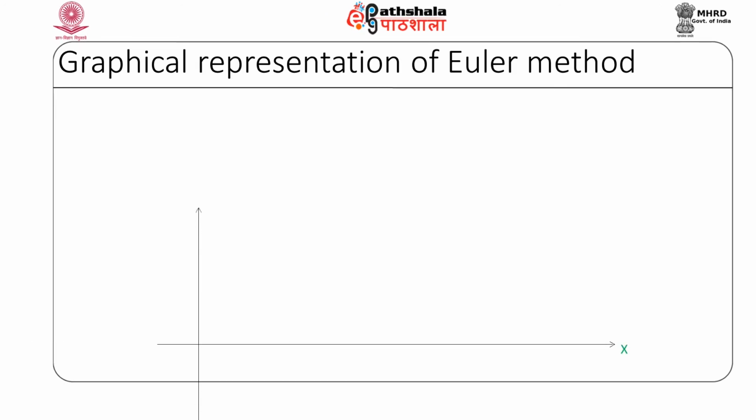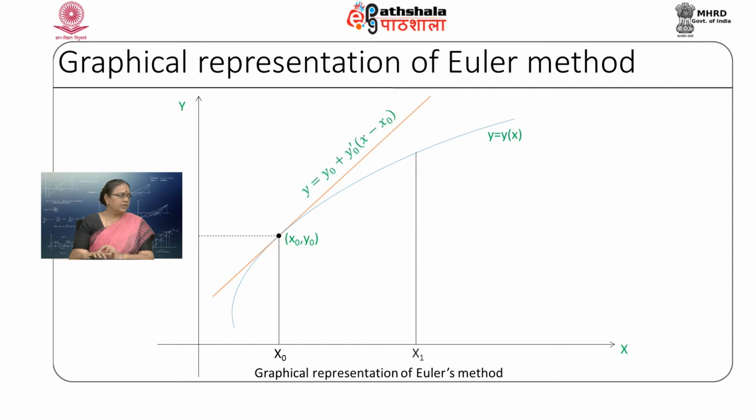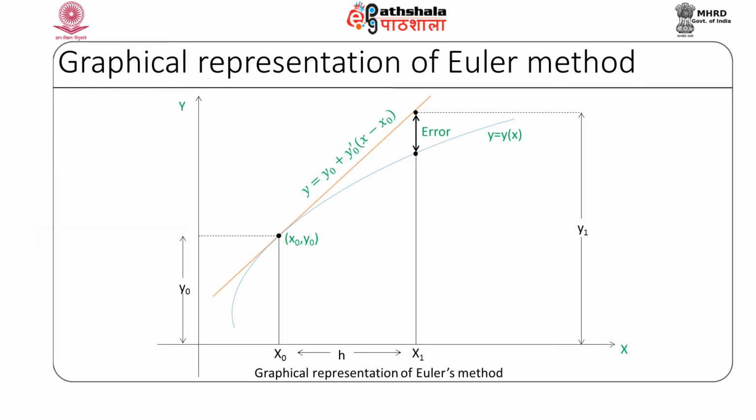On the x axis and y axis, let us say this is the curve y equal to y(x). At x0, the function value is y0. We have drawn the tangent to the curve, which is the straight line given by y equal to y0 plus y0 dash into x minus x0.